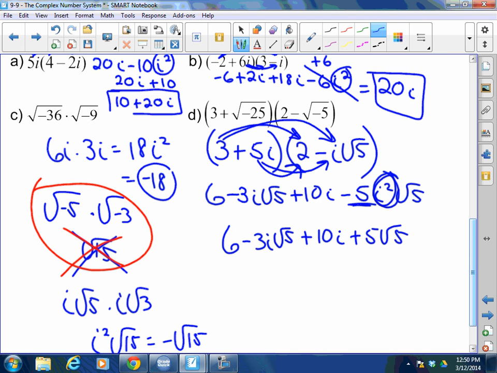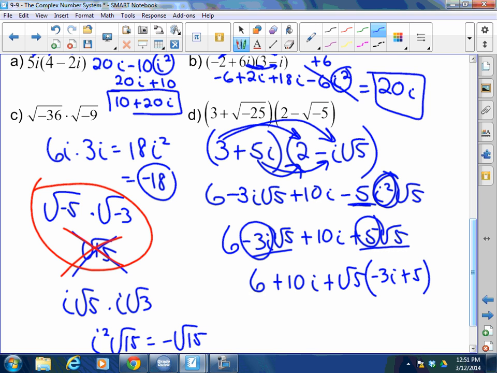Moro, what about the i's? You can't add 3i square root of 5 and 10i. They're not radicals. Remember, you can only add like radicals with the same radicands. 3i and 5, they don't combine, my brother. Do you see what I'm saying? If you wanted to, you could do this. 6 plus 10i, factor out a square root of 5, and then have a negative 3i plus 5 left over if you wanted to get crazy.